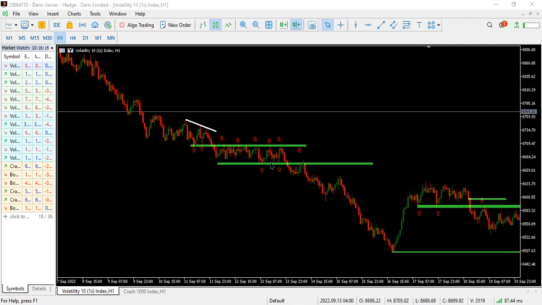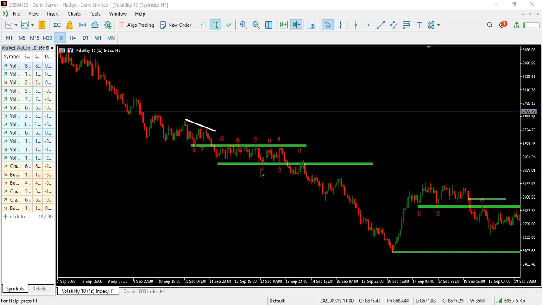So at this level, after this breakout, sorry, not to buy, you have to sell here. If you sell here, that means your stop loss is going to be above. And remember, you already sold here because of the trend. You can sell anywhere here and put your stop loss above.